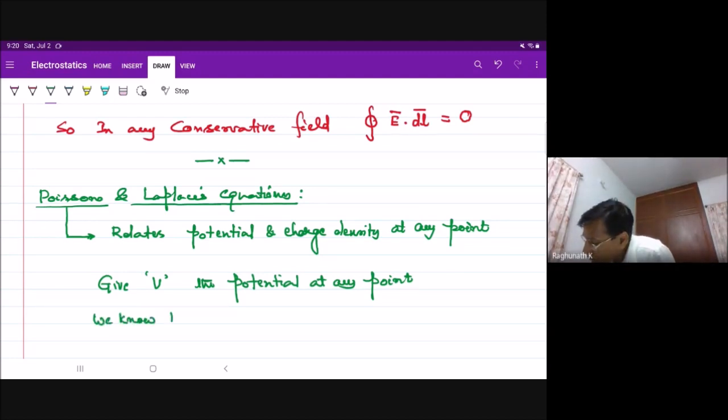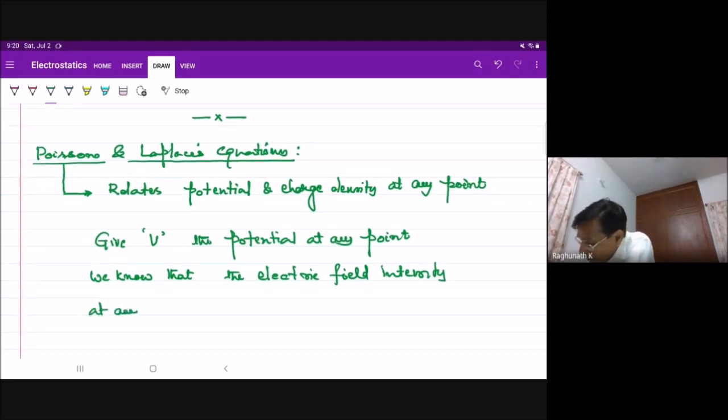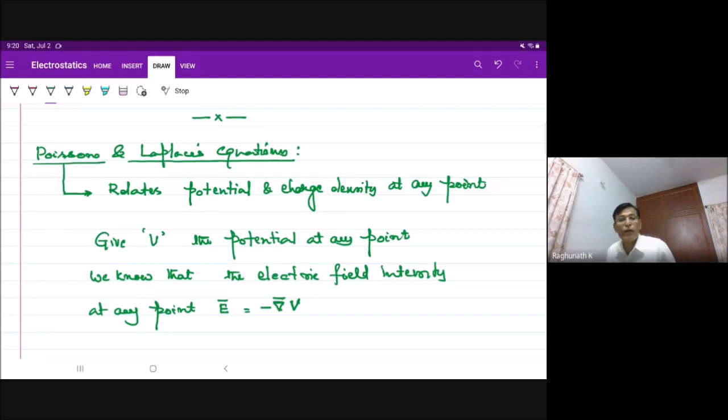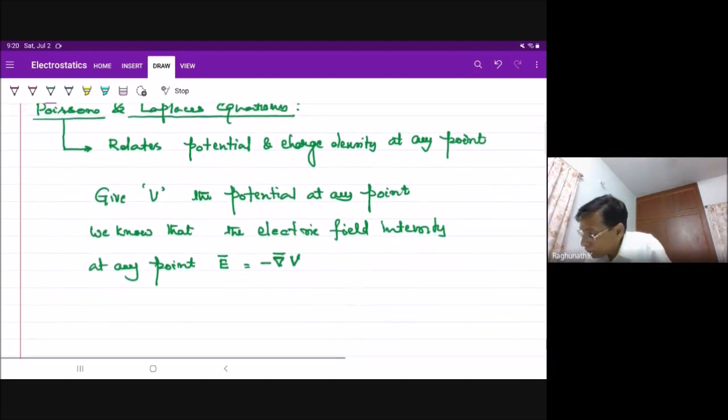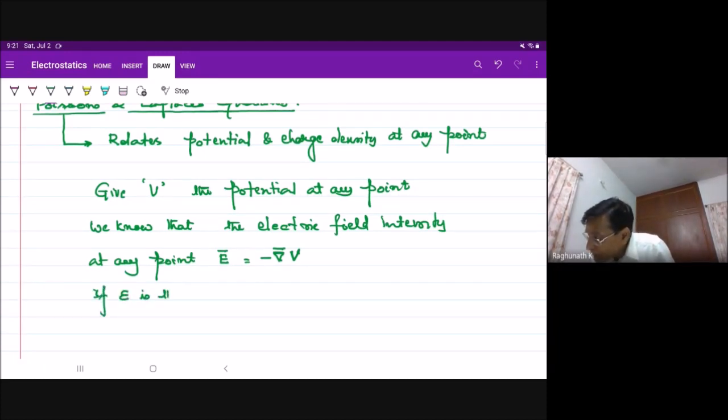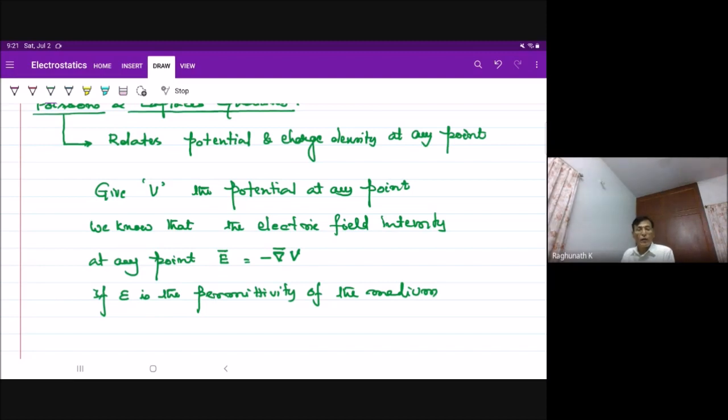we know that the electric field intensity at any point E bar is equal to minus del bar V. If epsilon is the permittivity of the medium, D bar is equal to epsilon E bar, correct?